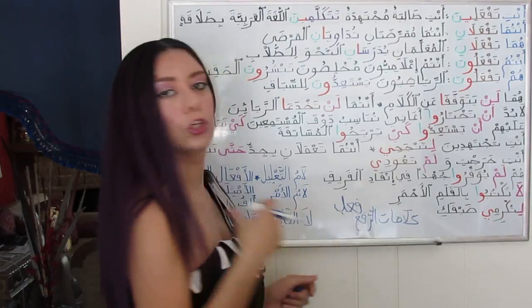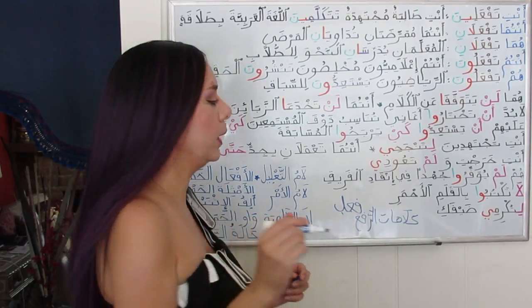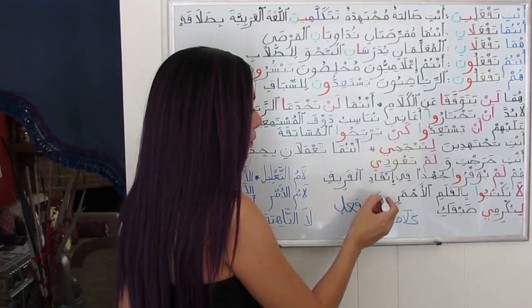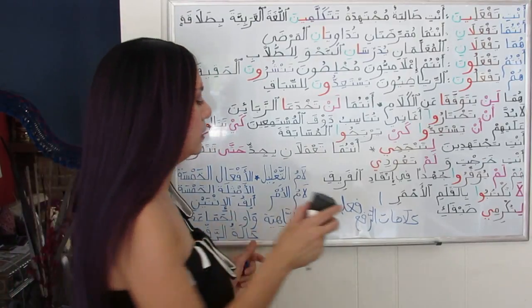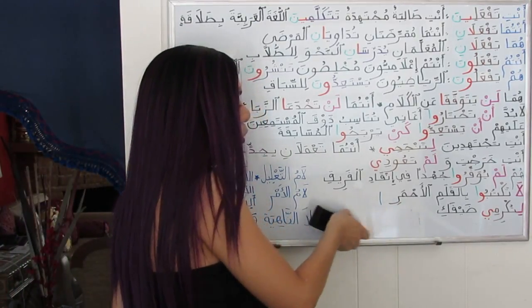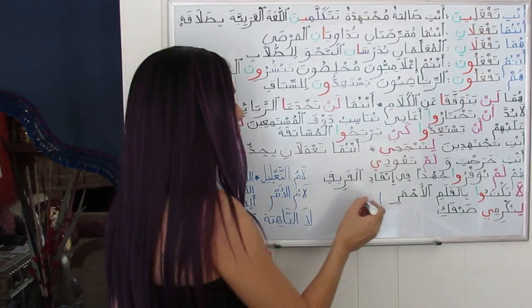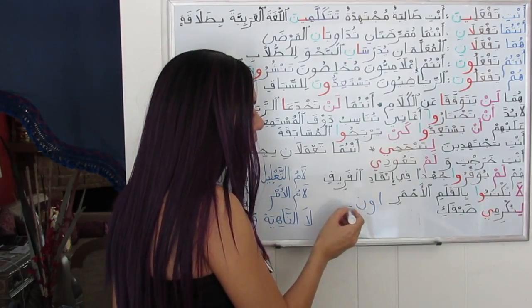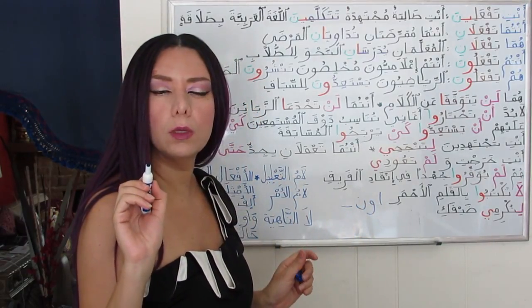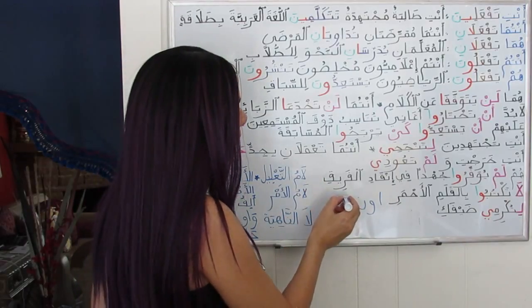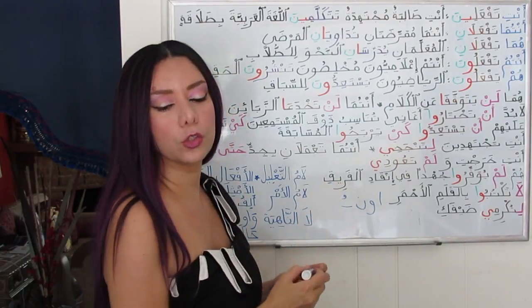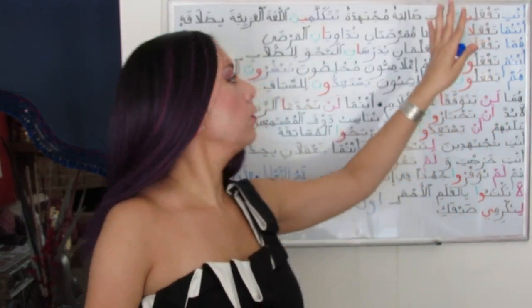Four markers of the nominative case. So we have alif, all right. We have waw, noon, or that's damma, the short vowel that comes with the oo sound, damma, on top of the consonants. The noon indicates the nominative case in the 5 verbs.